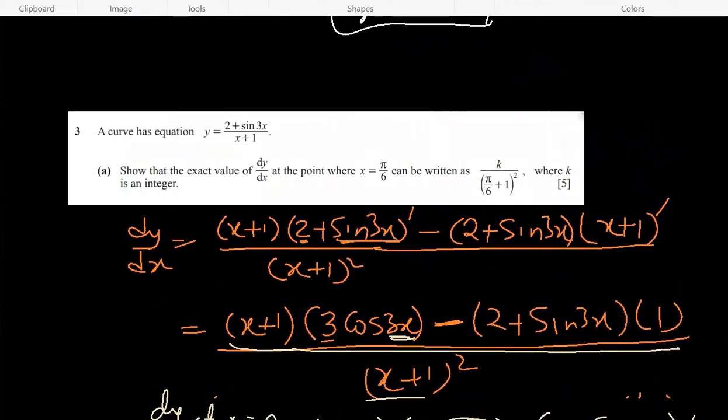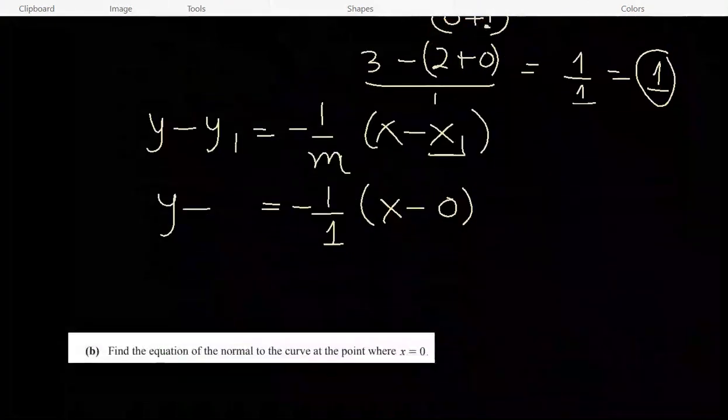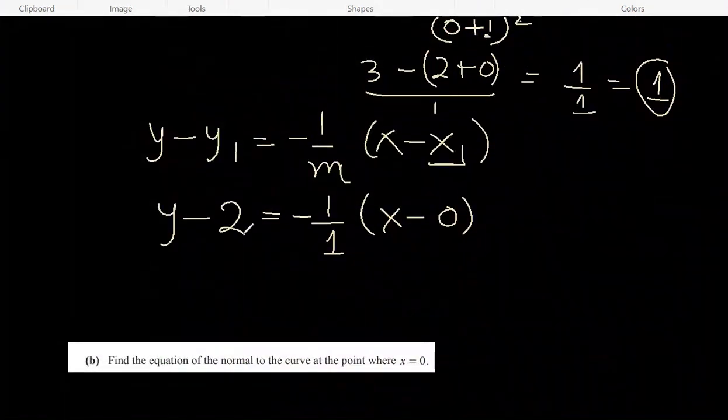Let's go to our equation. Our equation was this, so let's find y from here. 2 plus sine 3 times 0, 0 over 0 plus 1, which will be 2 plus 0, 2 over 1, 2. So when x is 0, y is 2. We can put that y here.